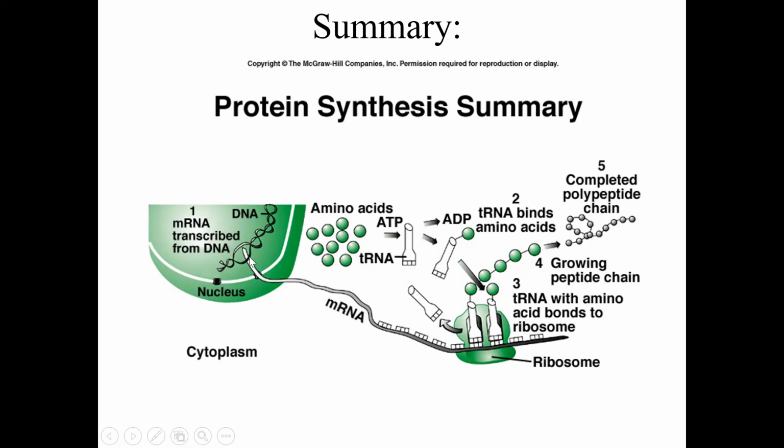And after that, the messenger RNA is transported and bound to the ribosomes. Now, the second step is transfer RNA binds amino acids and brings them to be bound to the ribosome. Then you have your growing peptide chain, and that keeps on going until you have your completed polypeptide chain.